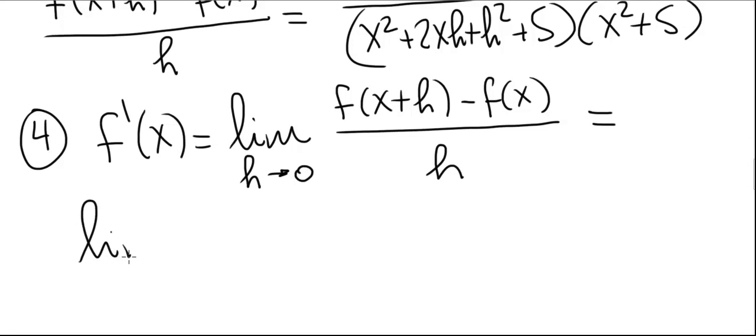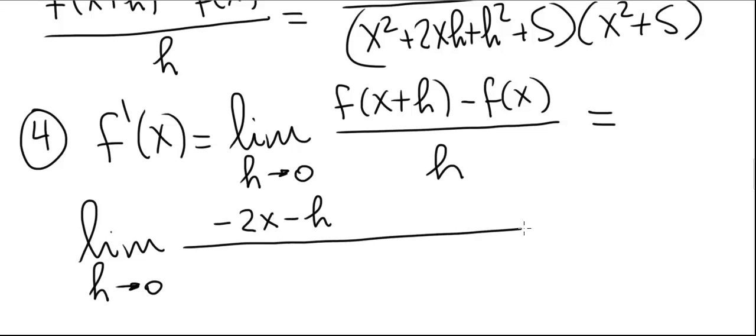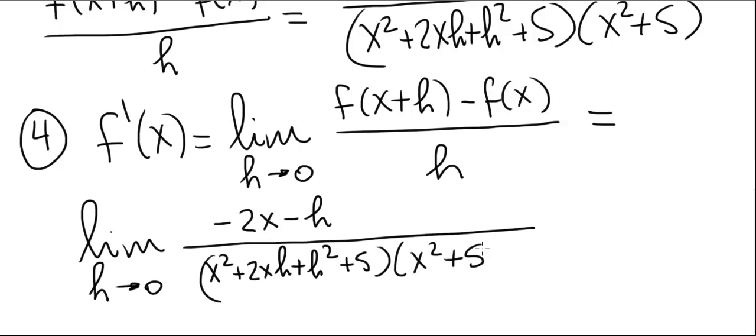So this is the limit as h goes to 0 of minus 2x minus h divided by x squared plus 2xh plus h squared plus 5 times x squared plus 5. Now as h goes to 0, remember h is going to 0, not x. This h here is going to 0. 2xh is also going to 0, and h squared is also going to 0.